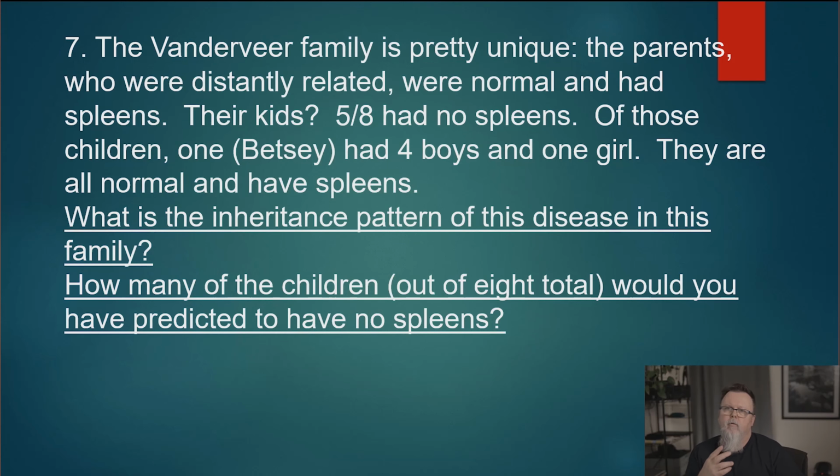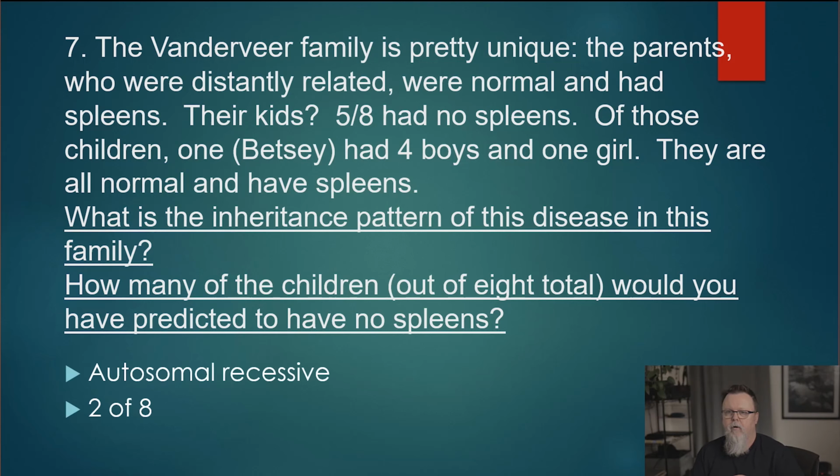Okay, and question 7. Okay, so the key to this question is that the reason why the Vanderveer family is pretty unique, even more unique than having this asplenia in their family, is that it wasn't genetically dominant.